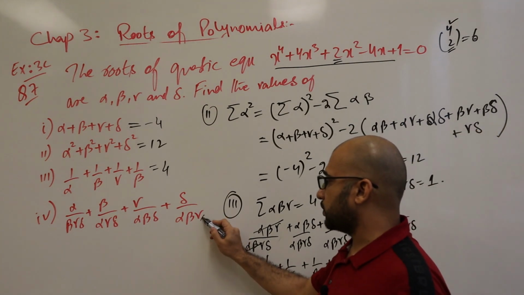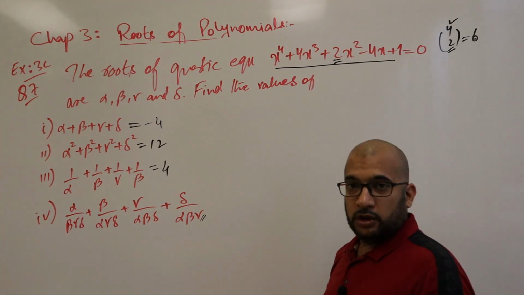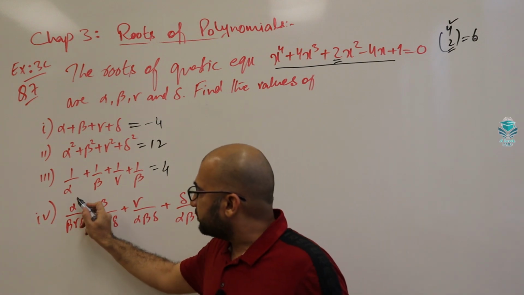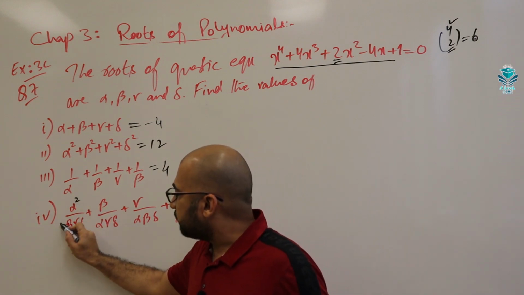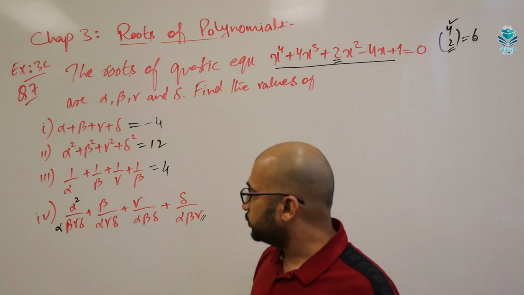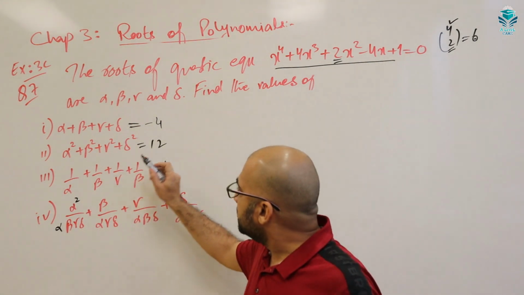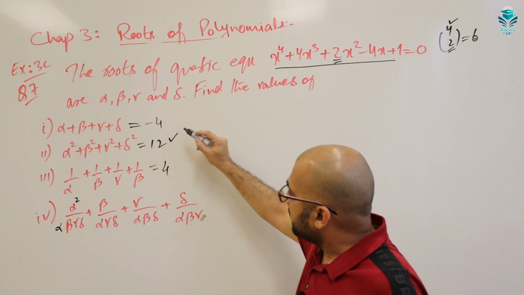Now we solve the fourth part. Students, you can see from here, if we multiply by alpha and divide by alpha, you will get alpha squared over the product of all roots, means we can use this one.